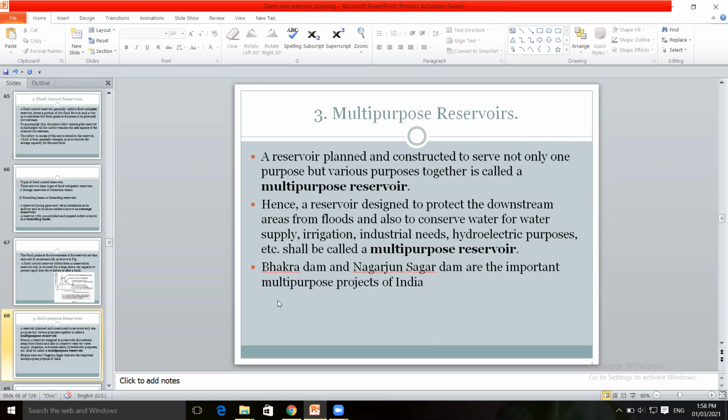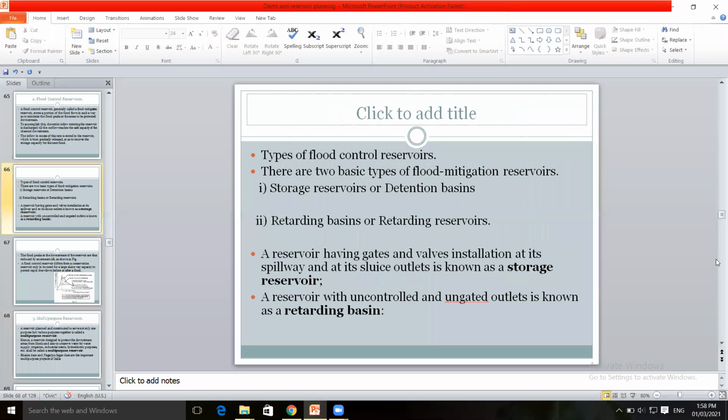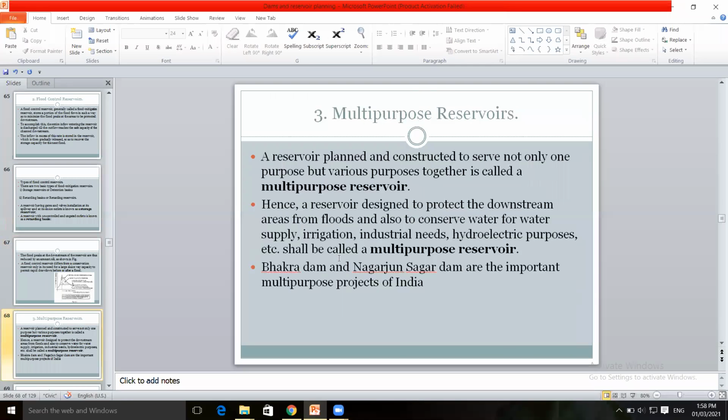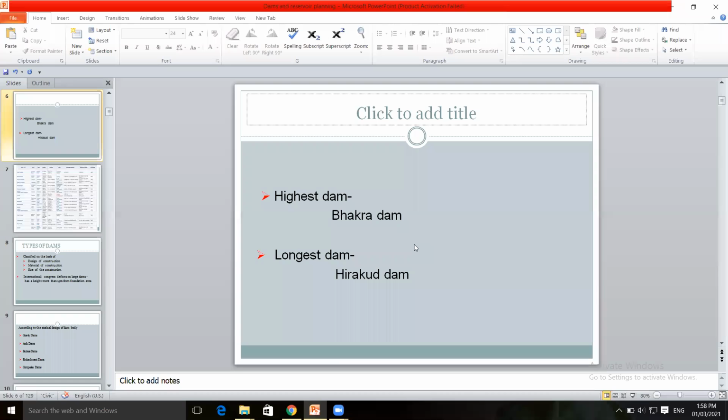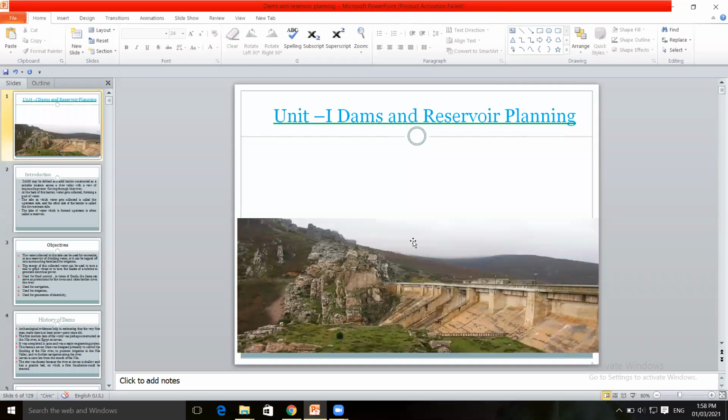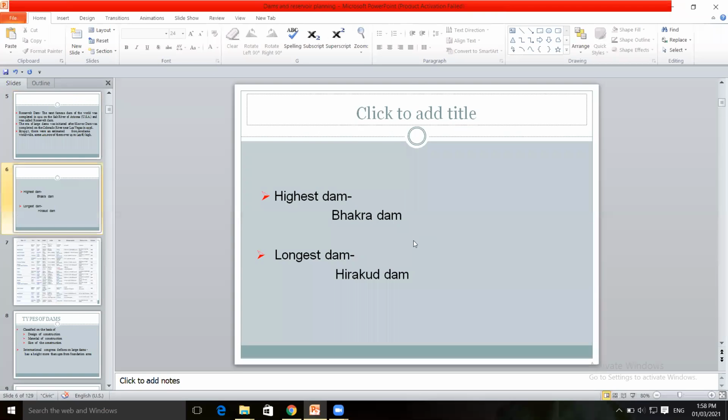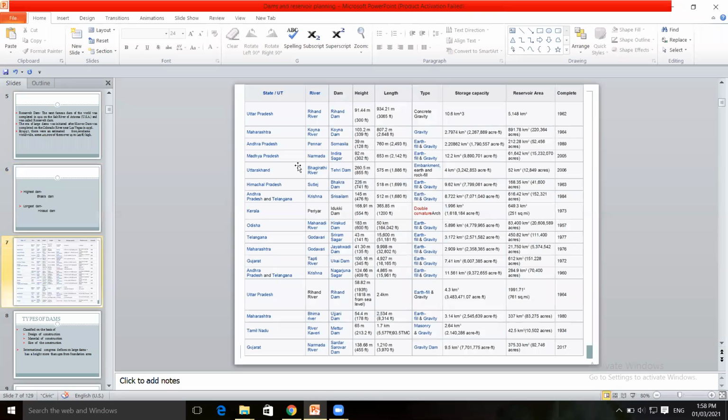On height and length, let us look at the table seen in the first lecture. The highest dam is Bhakra Dam. The longest dam is Hirakud Dam. This table shows it.